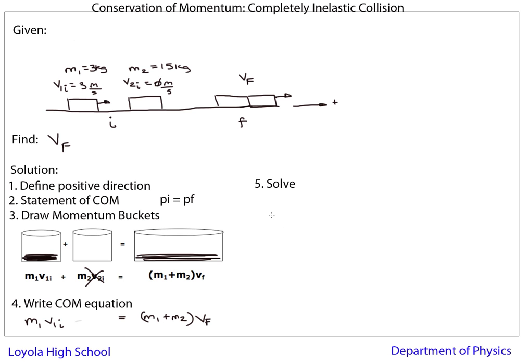Step 5 is solve. This is just the math part. Now we need to solve for V final. So M1 V1 initial equals M1 plus M2, because it's the total mass, since both objects are coupled together, times some common final velocity.